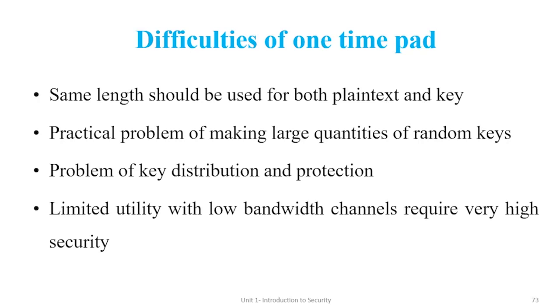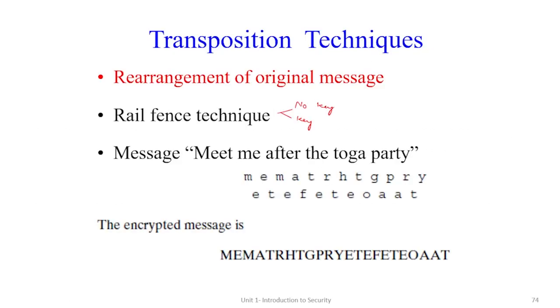The length of the plain text will vary with the key. There is always a practical problem in making large quantities of random key values, and the distribution of the key and protecting the key value is also a difficult process. So that is why we are not choosing one-time pad as the best encryption algorithm.